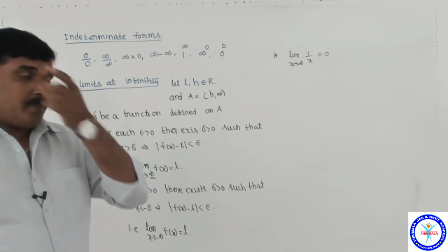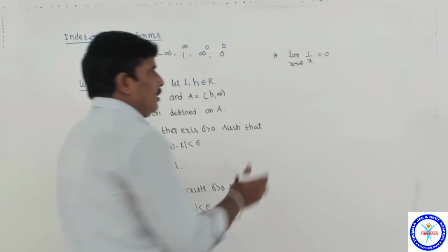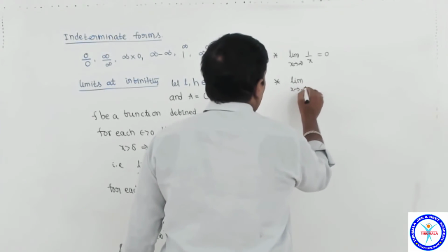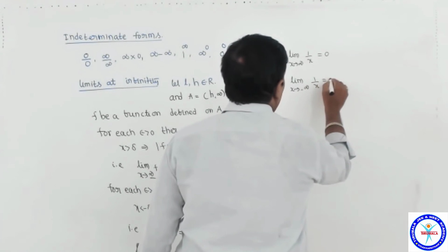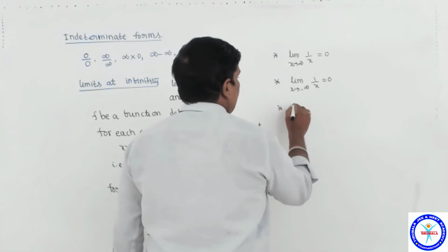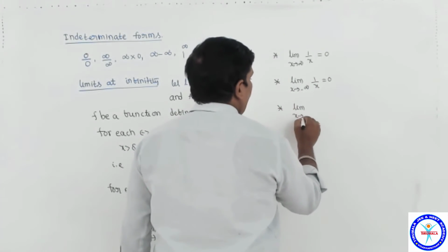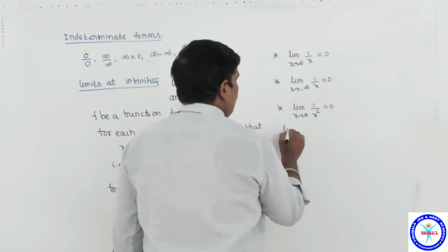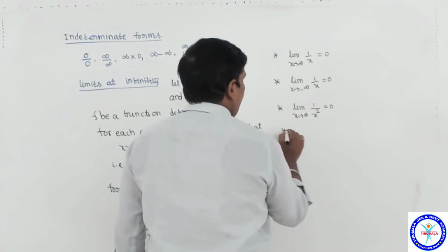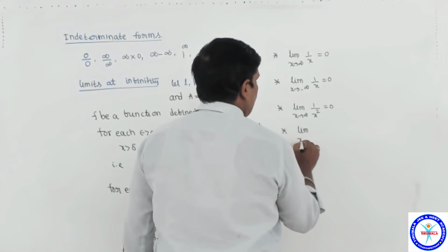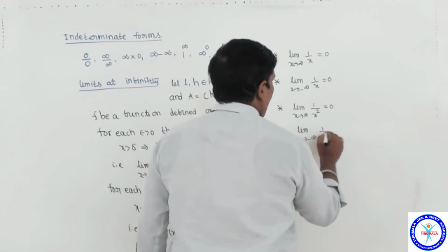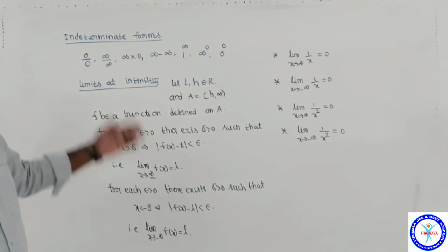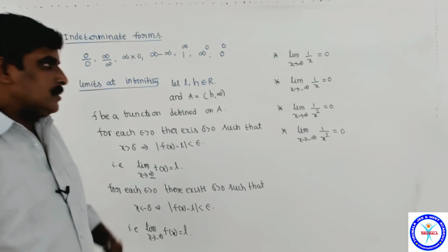Limit x tends to infinity 1 by x equal to 0, and also limit x tends to minus infinity 1 by x is also 0, and limit x tends to infinity 1 by x square equal to 0, and limit x tends to minus infinity 1 by x square is also 0. Okay. So these are all very important formulas.